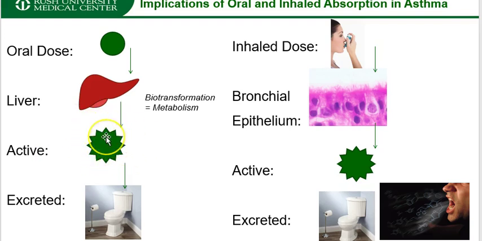But then, because a lot of these drugs are specific to a given receptor, and that receptor primarily resides in the bronchial compartment, you have to wait for this active metabolite to go through the entire circulatory system and then come into contact with those specific receptors within the bronchial compartment. And then, of course, that's where the physiological effect occurs. After that effect occurs, the remaining drug, or the drug that doesn't get bound, gets excreted.